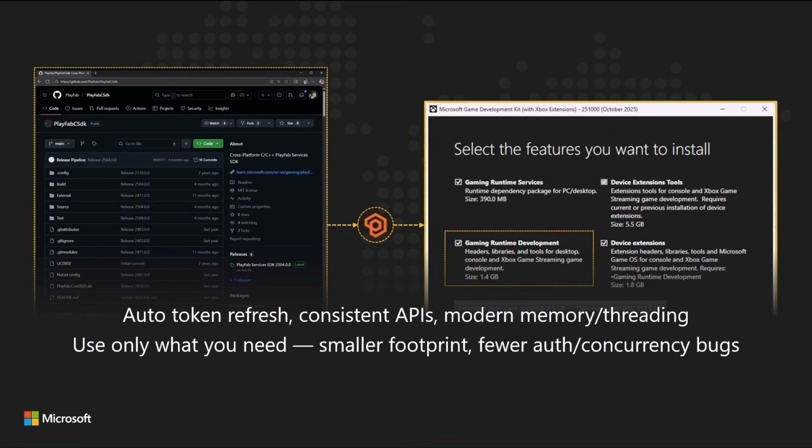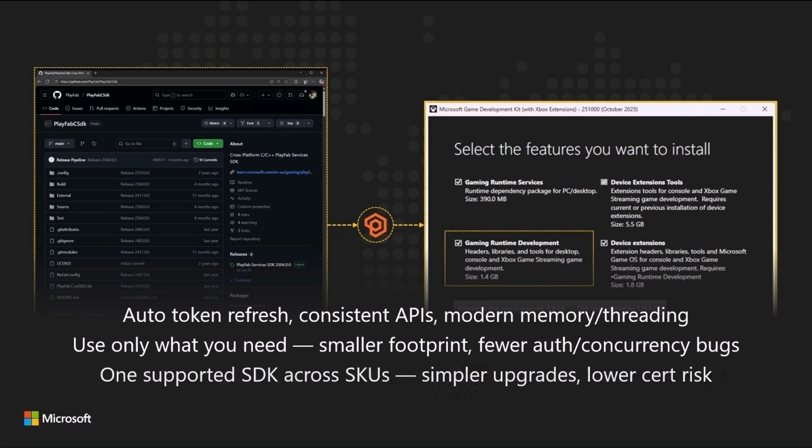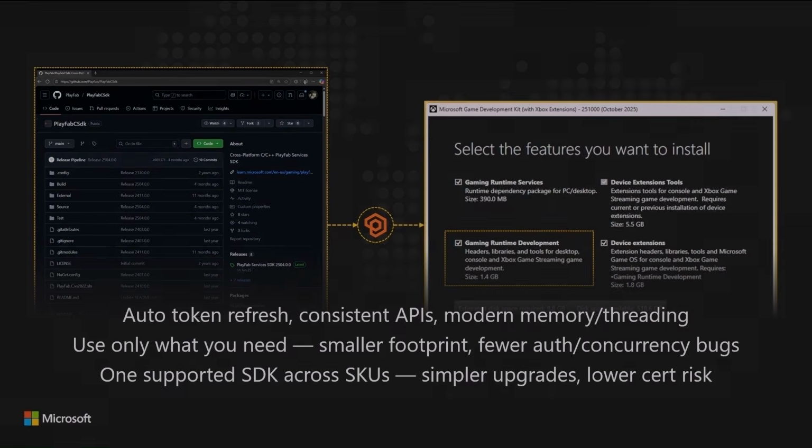Teams can pull in only the components they need, speeding up onboarding and making CI and maintenance more predictable. Standardizing on one supported SDK version also reduces upgrade risk and helps keep certification and patch schedules on track.